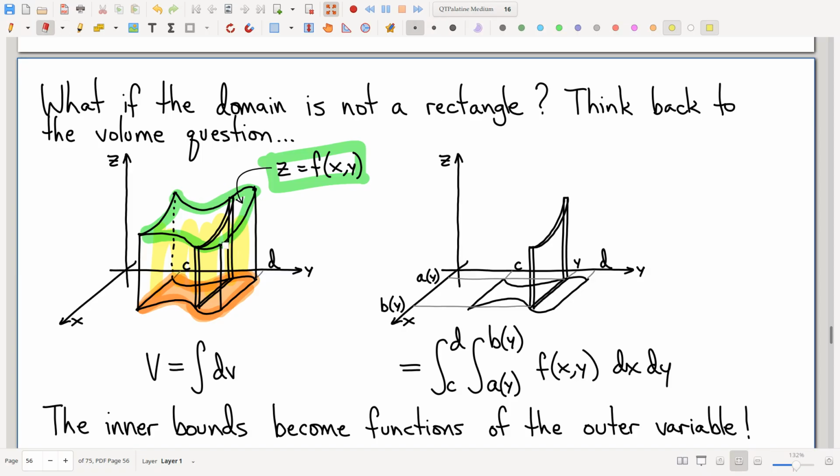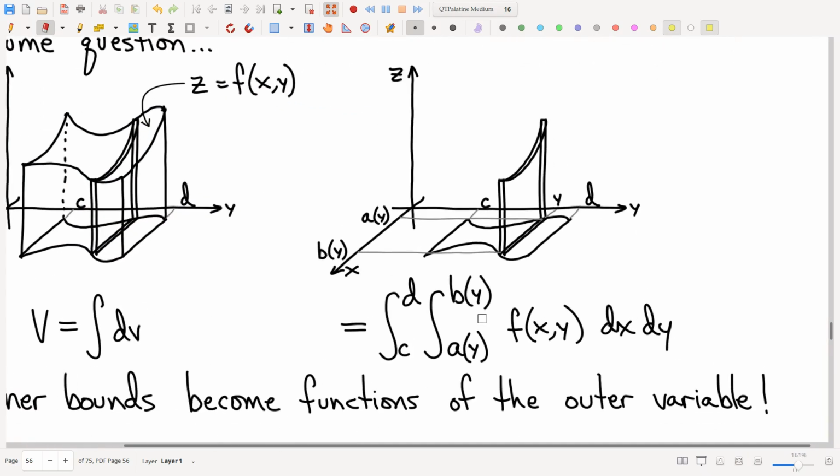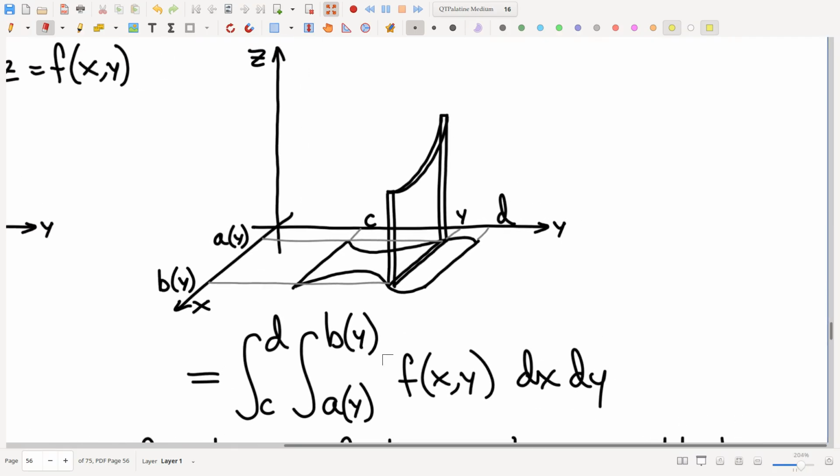The one little detail is that our bounds are now not constants. And you can see this in the picture as follows. For one value of y, as we compute that cross-sectional area, the starting value for x will be that value, let's say. But then look at a different value of y. Maybe I choose this value of y instead.